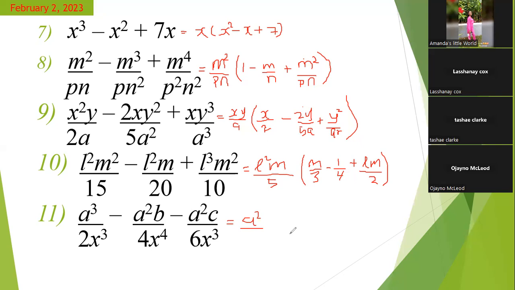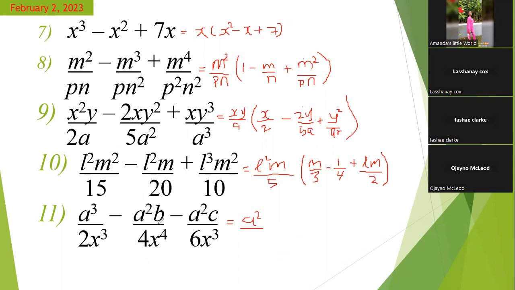Sir, the numerator is supposed to be just A square alone, I'm not sure. Look and see what is common. Is B common? And C? Are you sure B and C would be common? No, sir. When we say the letters are common, what we mean is they must exist in all terms.